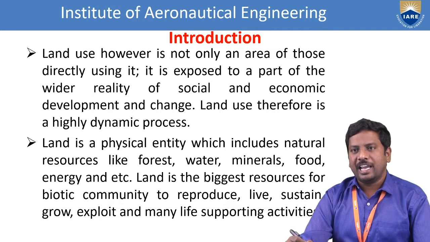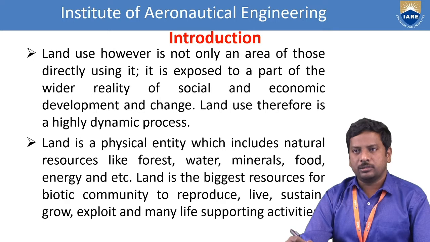Land is a physical entity which includes natural resources like forest, water, minerals, food, energy, etc. So land is the biggest resource for the biotic community to reproduce, live, sustain, grow, exploit, and carry out many life supporting activities.